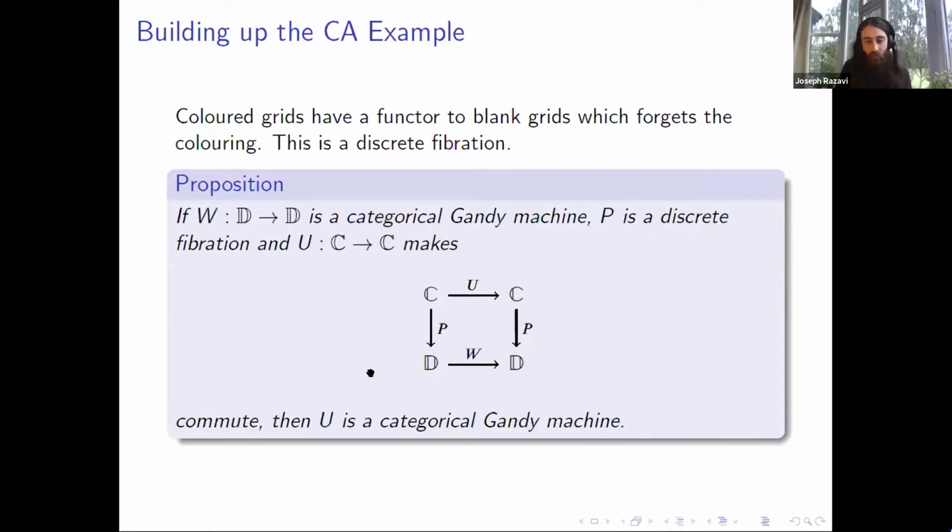And we have this proposition, which is extremely easy to prove, that if I have a Gandy machine U, which might be my game of life here, and I have W, which might just be eroding the blank grids, and I have a discrete fibration going from one to the other, making this diagram commute, then U is a Gandy machine.